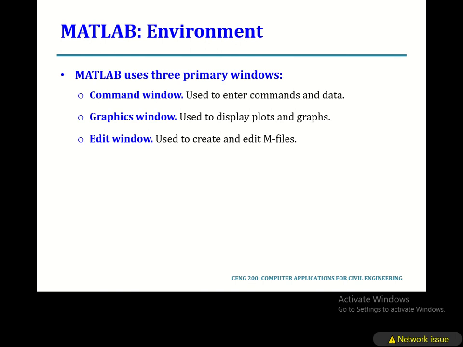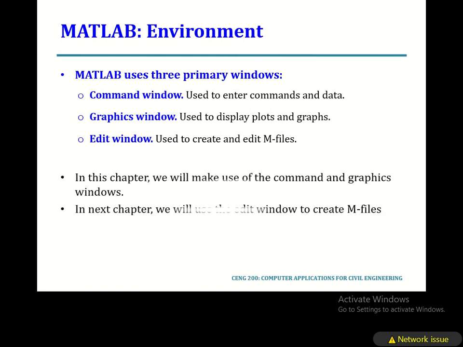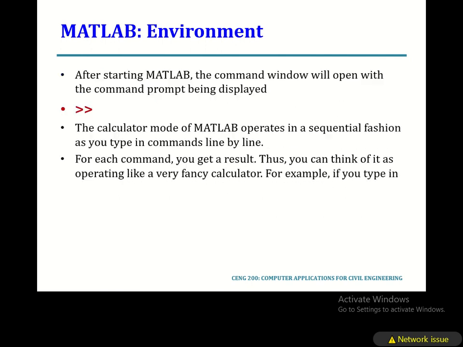Once we create a MATLAB programming file, we call it the M file. Looks like the name of a TV series. Anyways, when you create an M file, you can edit the file using the edit window. So in this chapter we only discuss command and graphics. Some other chapter we can discuss the M files.